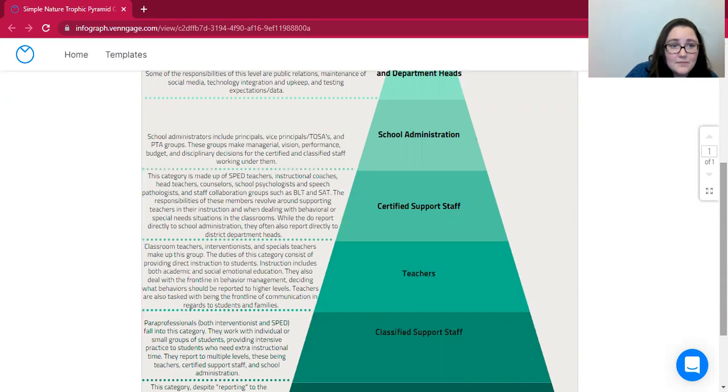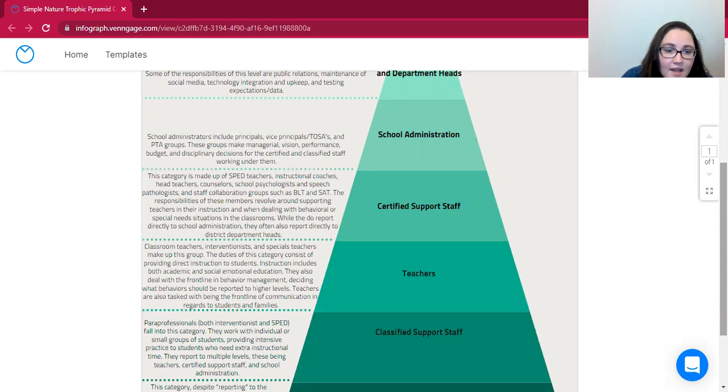And also helping them deal with behavioral or special needs situations in the classroom. And they do directly report to school administration, but oftentimes they also report to the departments and the department heads. They kind of fall under both categories, but they primarily report to our school administration.